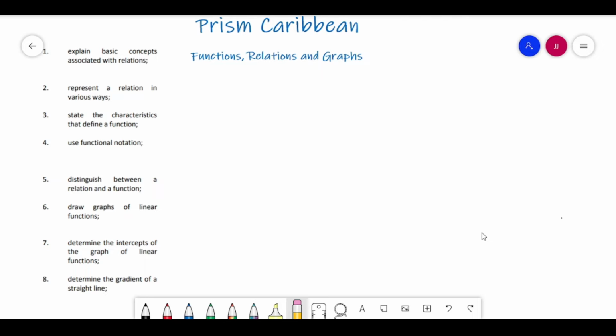So bear this in mind. This topic requires a lot of practice. A lot of people may overshadow this topic and think to themselves, hey, functions is a pretty easy topic, I can move on. Do not think like this, especially with functions, relations, and graphs.